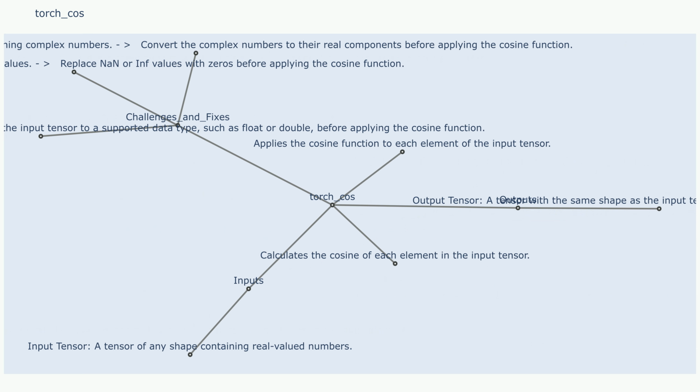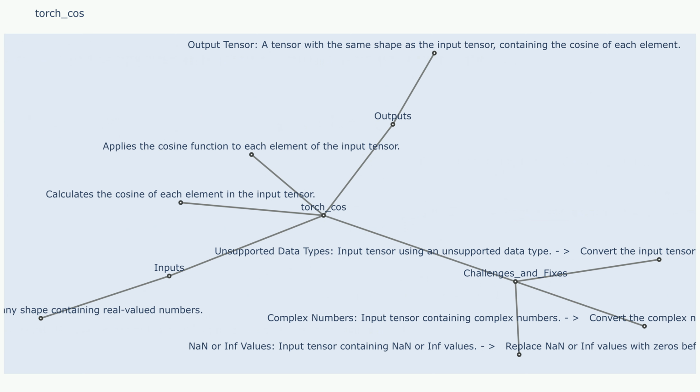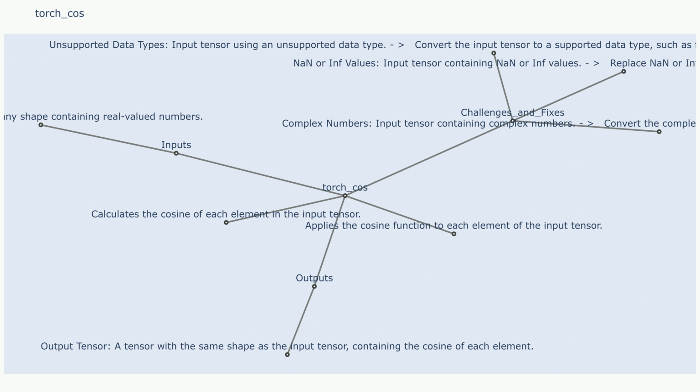Inputs. Input 1: a PyTorch tensor containing numerical data. Outputs. Output 1: a PyTorch tensor with the same shape as the input tensor. Each element in the output tensor represents the cosine of the corresponding element in the input tensor.